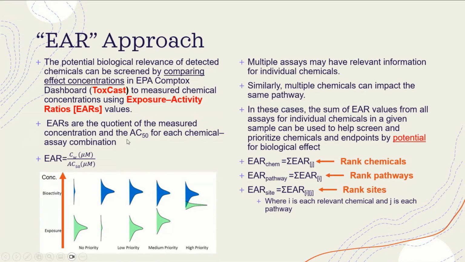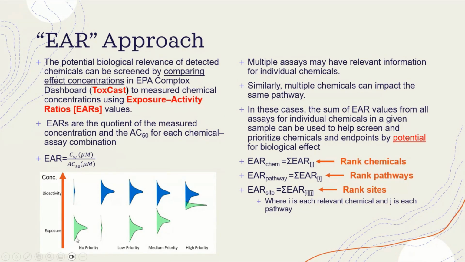This is called an AC50, the activity concentration where you get a 50% maximum response. The EAR is simply a ratio of the concentration relative to the potency. A higher EAR means a higher concentration relative to the effect level, so you have more concern the higher the exposure activity ratio.